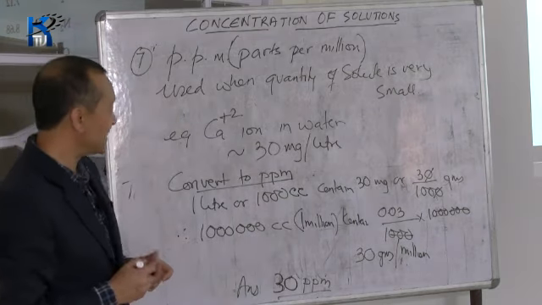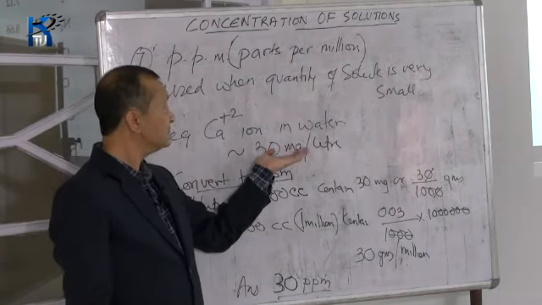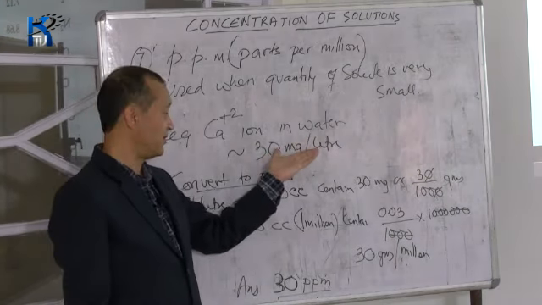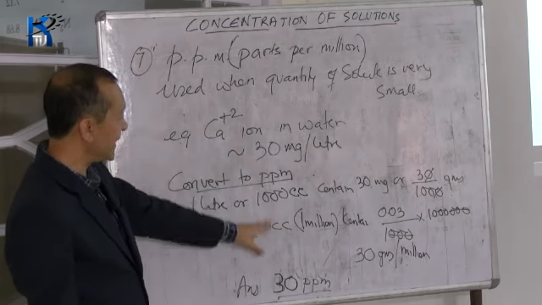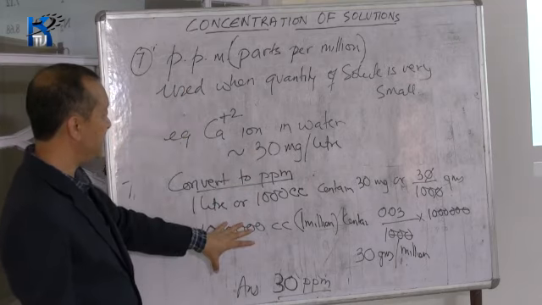Okay. So when the concentration of the solute is very small, then we use ppm, and we can calculate ppm like this.